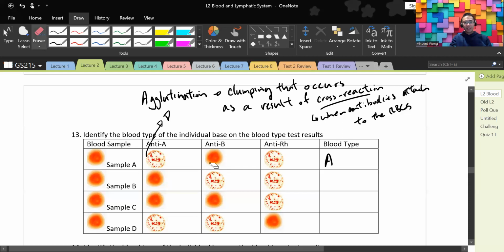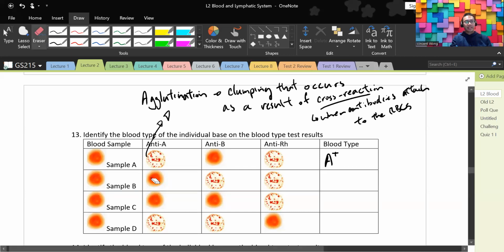No clumping with the antibody B, no reaction with antibody B tells you the sample does not have the B antigen. Reaction with the RH tells you it has RH, therefore it's positive. So basically, whenever you see a reaction, that's the blood type that you have within the sample.